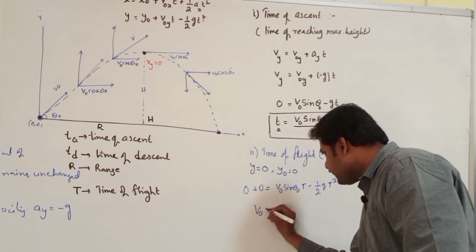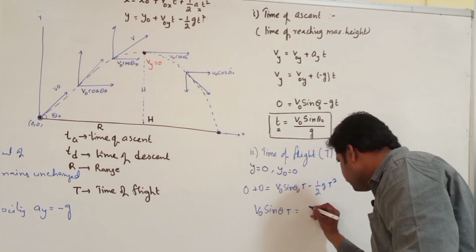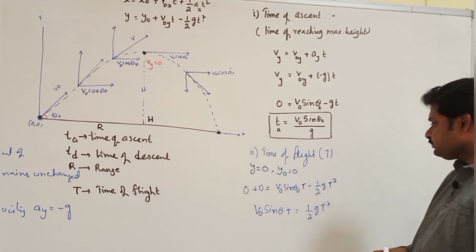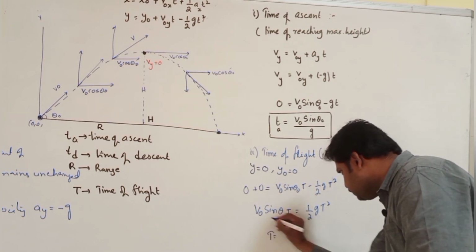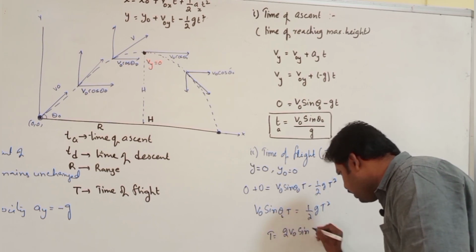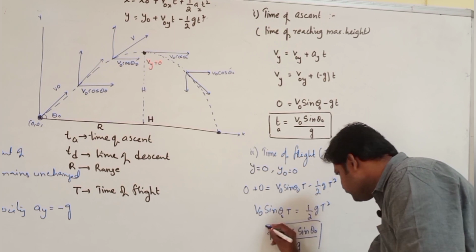Simply we will write it as sin theta into T is equal to half g T square. One T gets cancelled. The total time is equal to 2 v naught sin theta naught by g.